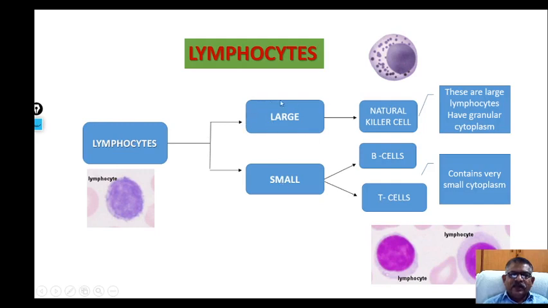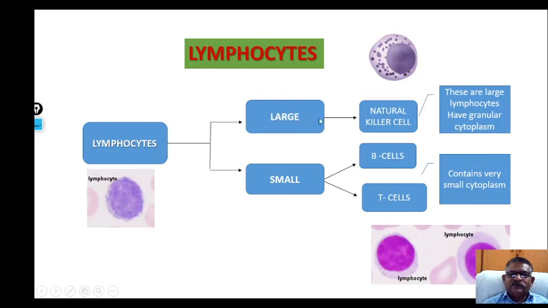The names large and small are given depending upon the area of cytoplasm. A large lymphocyte has a large area of cytoplasm. In a small lymphocyte, most of the cell is covered by the nucleus and there is very little cytoplasm.